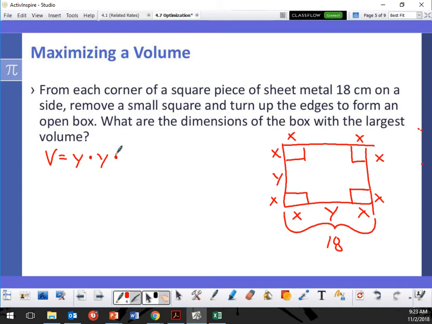Because if I cut out this piece right here, I'm folding that part up. So that's going to be the base of my box, and the sides fold up. Those are going to be X, my height.